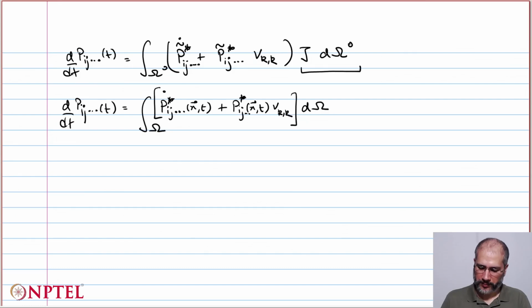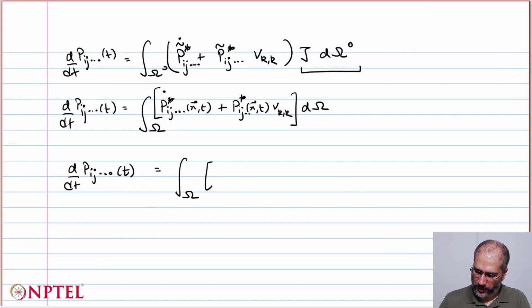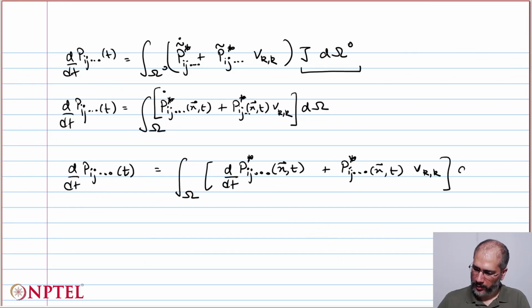So I'll write that nicely. So d by dt, that's the material derivative of the extensive property or quantity P i j dot dot dot as a function of time, is the integral over the current volume omega of the quantity d by dt of P star, that is the corresponding intensive property, which is Eulerian description, so small x and t, plus P star again times v k comma k times d omega.